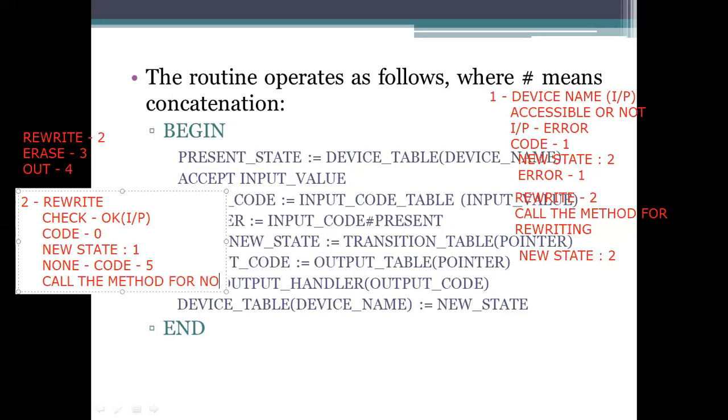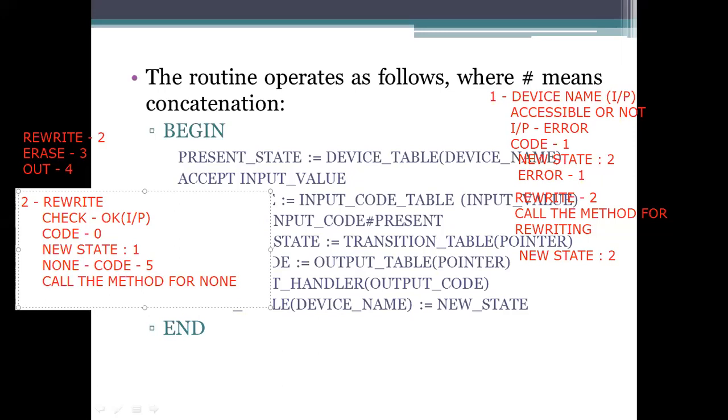So here, what will be the method for none here is, in this we will write, if the device is working, means is ready to access, then simply exit. That's all. Simply exit from that one. That is a method.